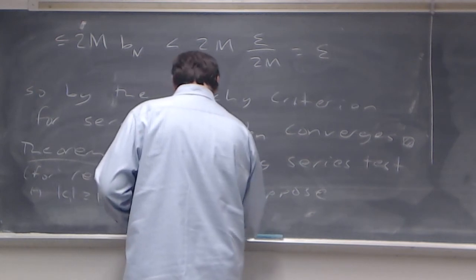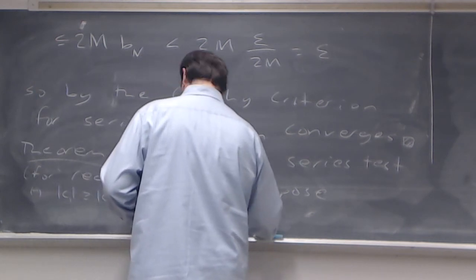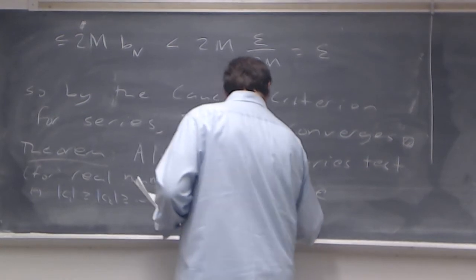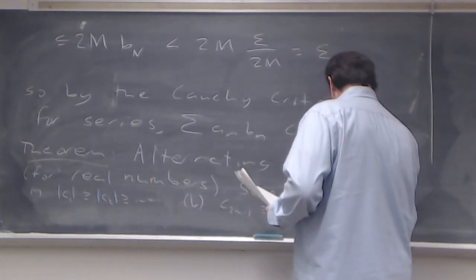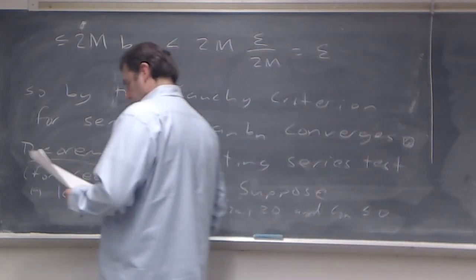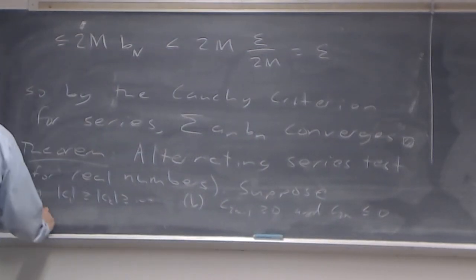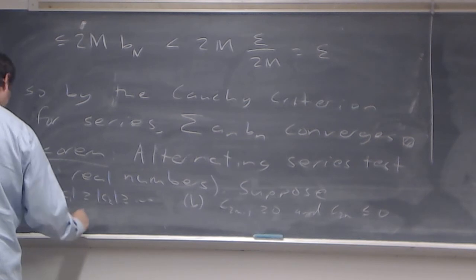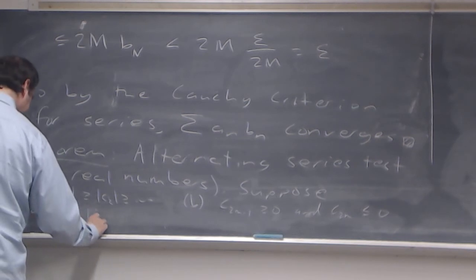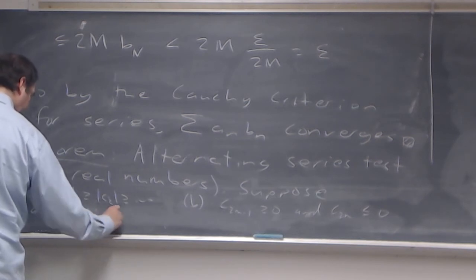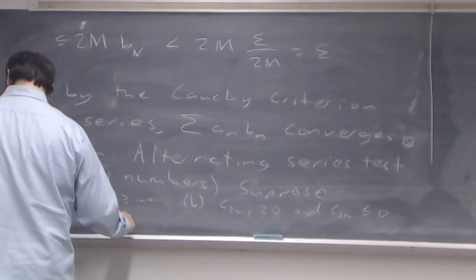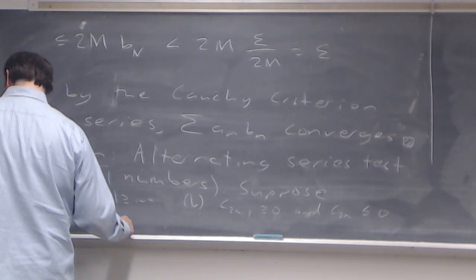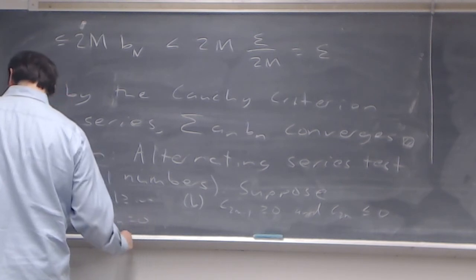Second, that C sub 2m minus 1 is greater than or equal to 0, and C sub 2m is less than or equal to 0. And thirdly, that the limit as n goes to infinity of the absolute value of C sub n equals 0.